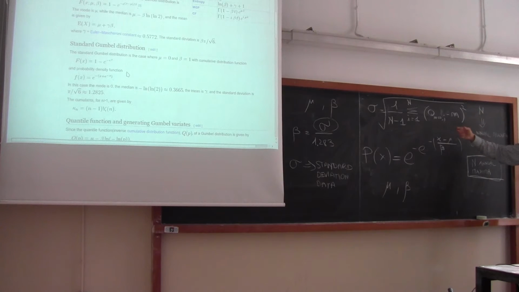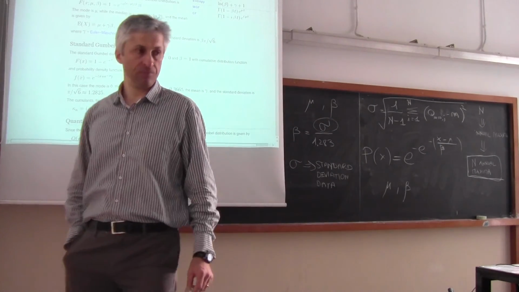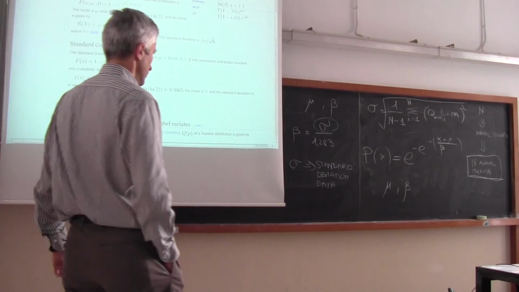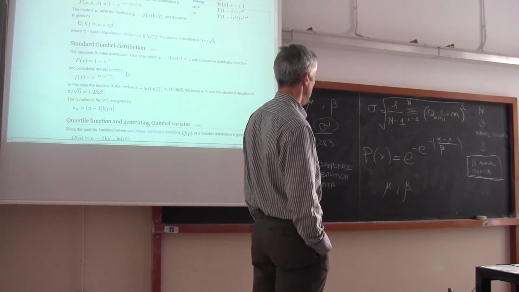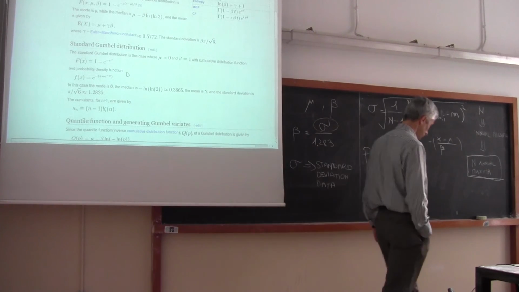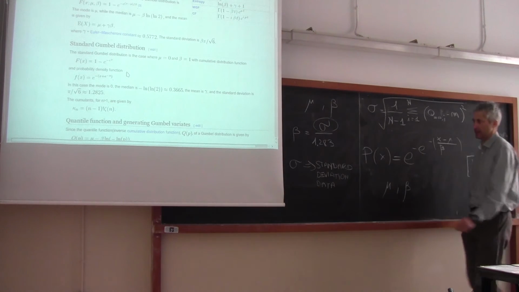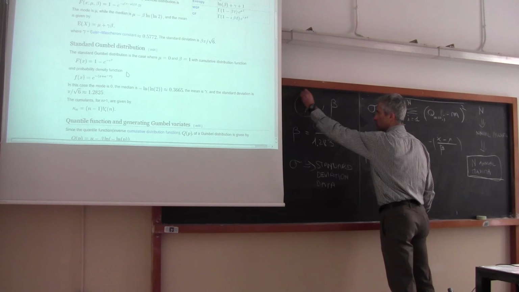Difference squared, you compute the summation over all the data, divide by n minus 1 and square root. This is beta. Now I need to compute mean.